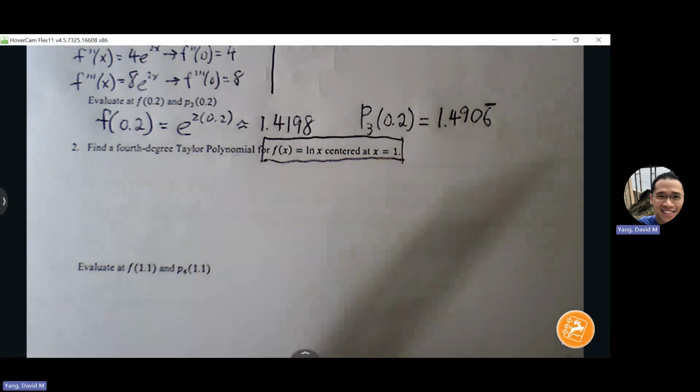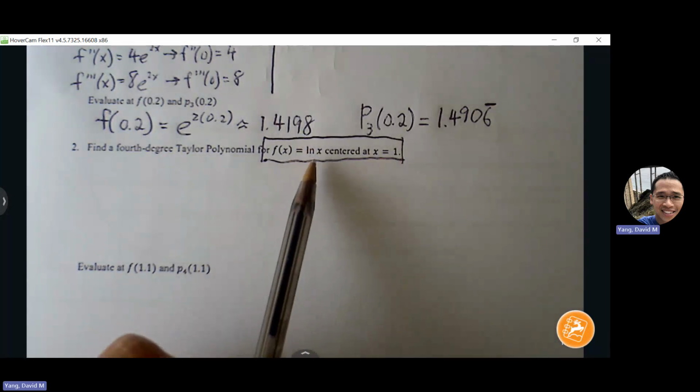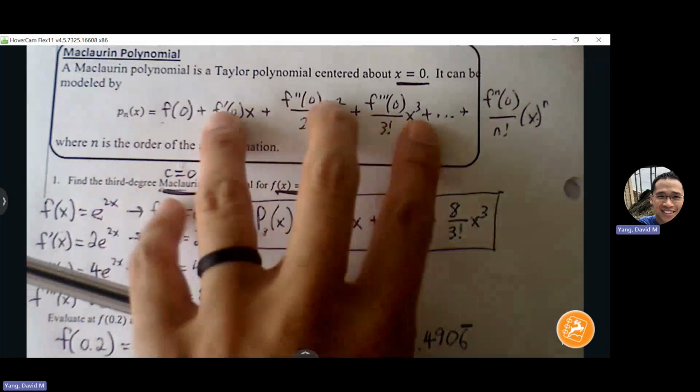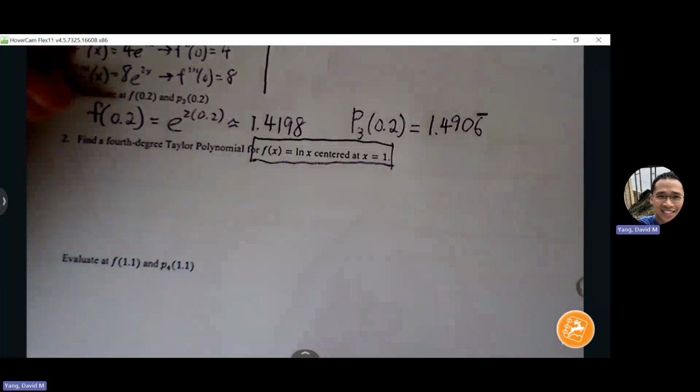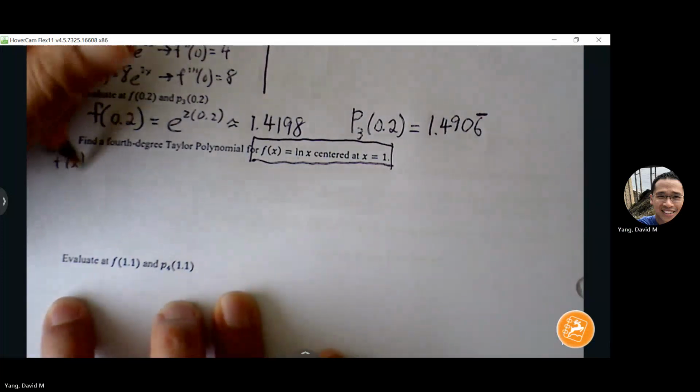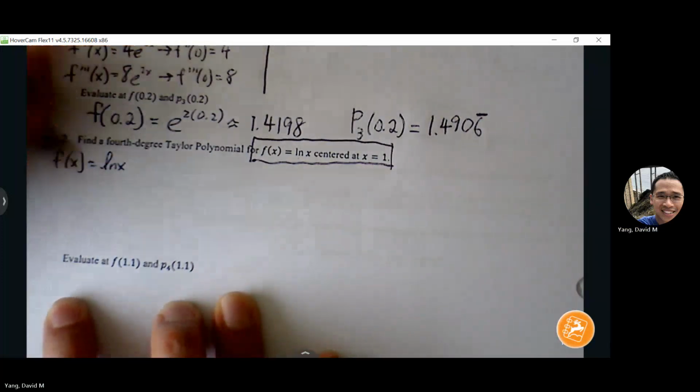Then we take all that information and insert it into the polynomial for our Taylor series, or sorry, our Taylor polynomial. So we start off with f of x being natural log of x.